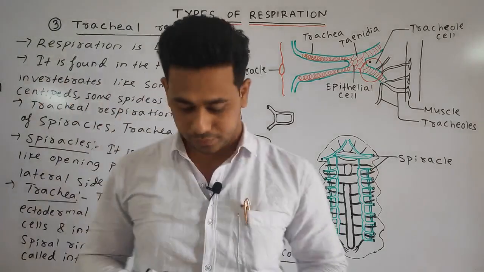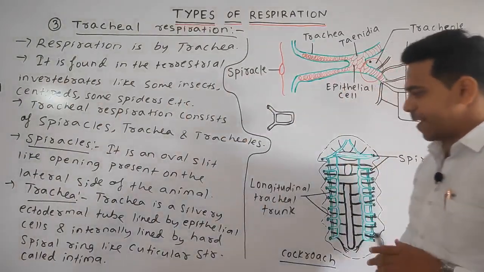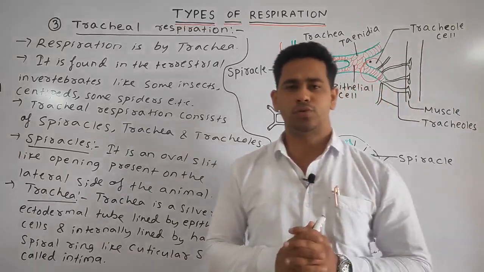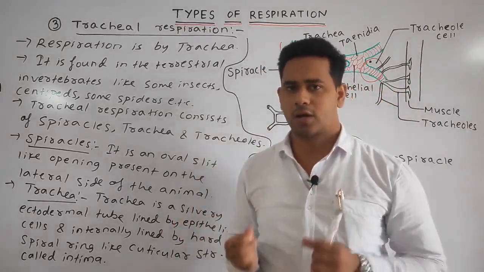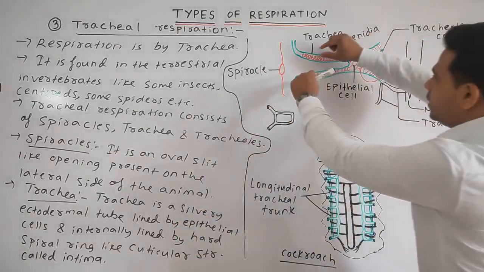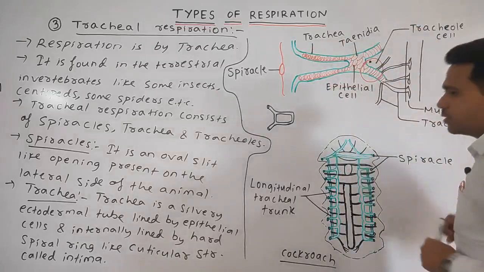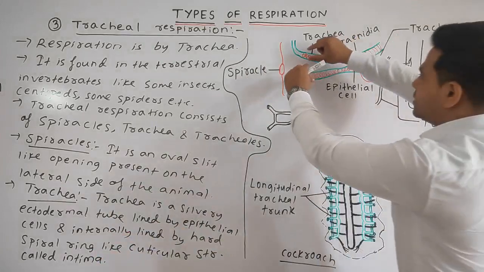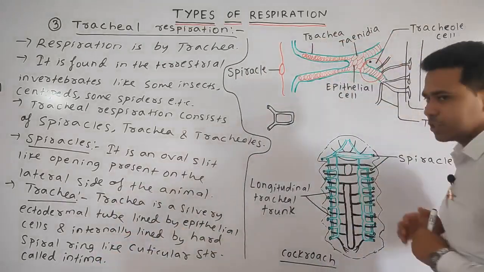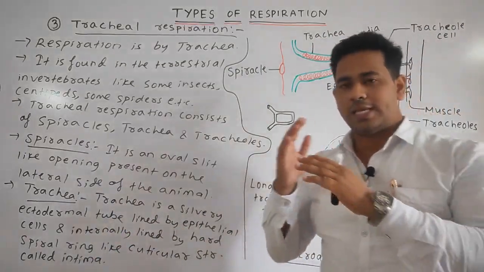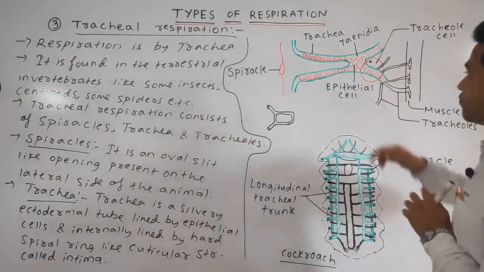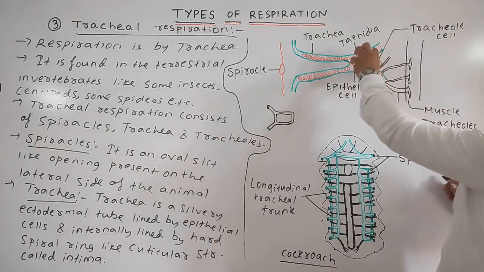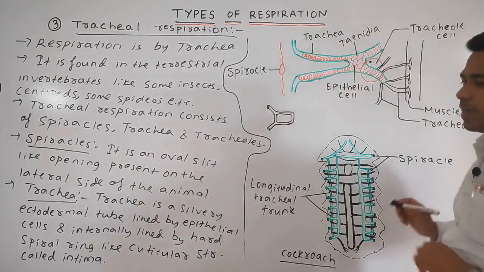Okay, see, what are the trachea? Silvery means it looks like silver color. Ectodermal means it is ectodermal in origin. It is a silvery tube-like structure, or we can say ectodermal tube, which is lined externally by the epithelial cells.